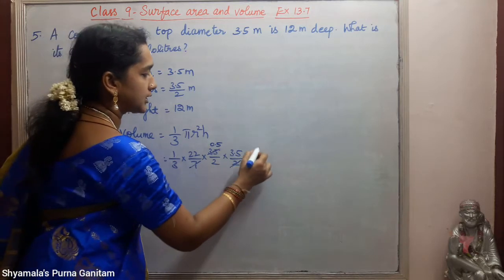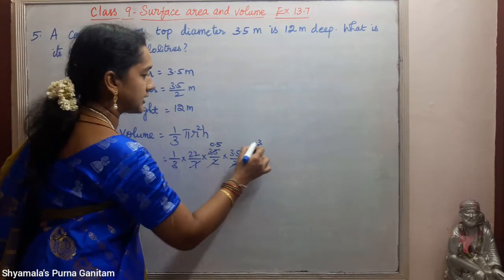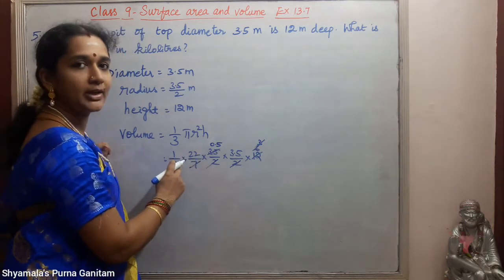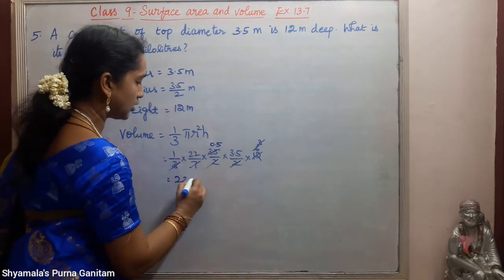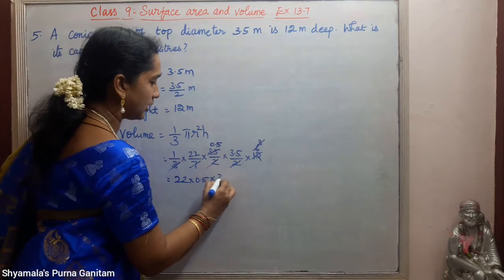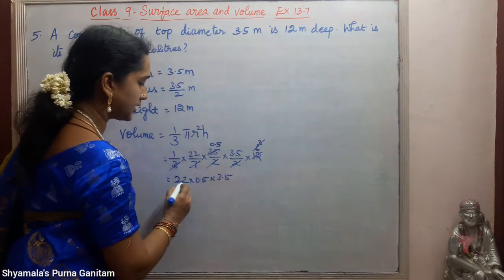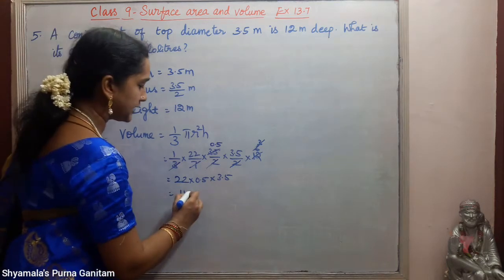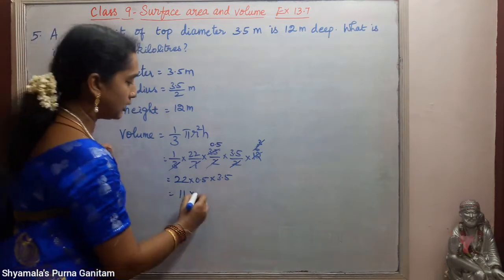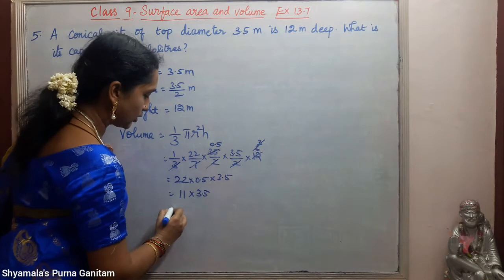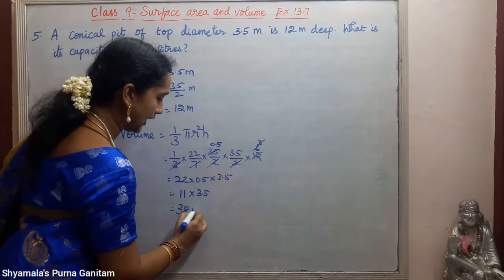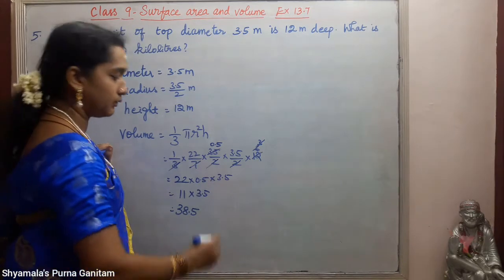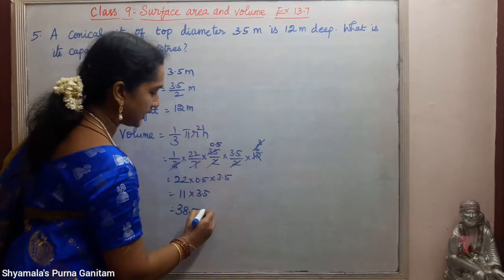Then 2 6's are 12, 2 3's are 6, 3 1's are 3. So when we multiply this, 22 into 0.5 into 3.5, so 22 into 5 is 110. The decimal point will be removed, into 3.5, so we get 385. So with one decimal place, it is 38.5 meter cube.